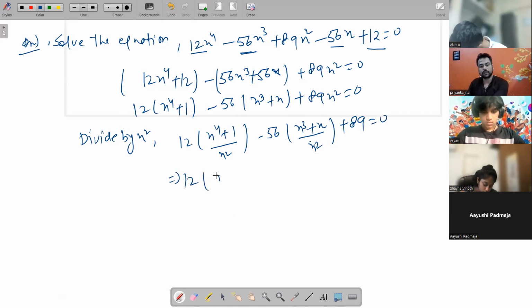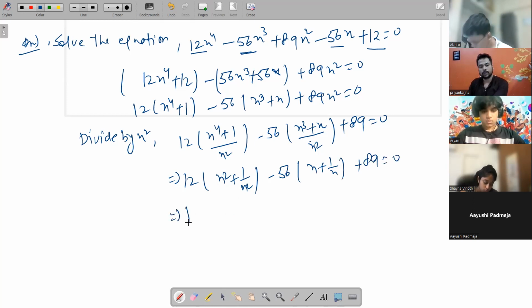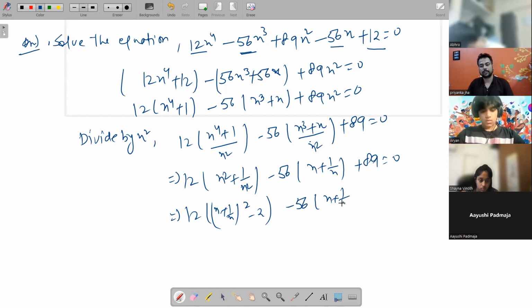Split the term, x squared plus 1 by x squared minus 56 x plus 1 by x plus 89 equal to 0. Now here a square plus b square can be written as a plus b whole square minus 2ab, because now we have this kind of term here, minus 2 and minus 56 x plus 1 by x plus 89 equal to 0.